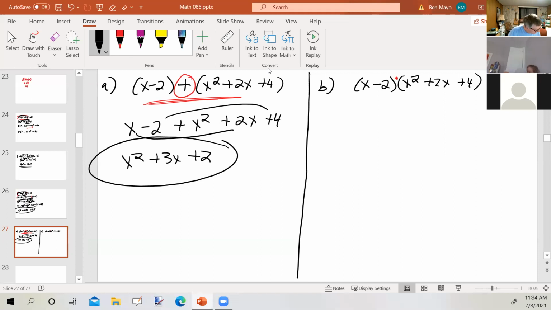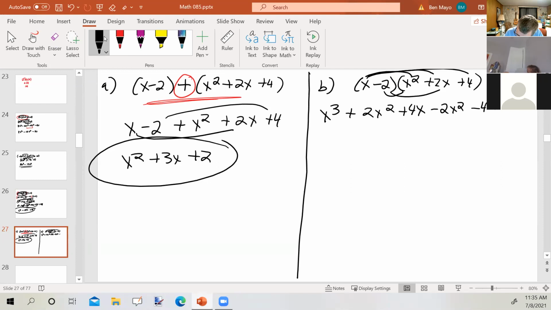Okay. Now, let's multiply those polynomials together. We're going to get x cubed plus 2x squared plus 4x minus 2x squared minus 4x minus 8.